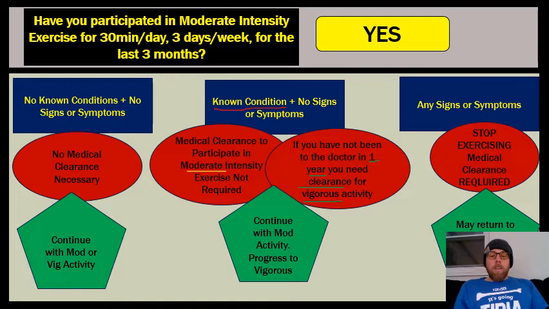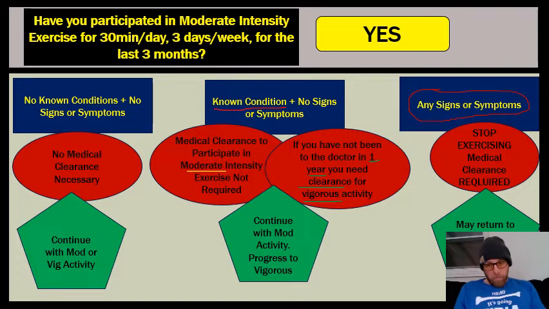Okay, so the last one here. Anyone who has been exercising and has any signs or symptoms that might suggest they have cardiovascular disease, chest discomfort, painful swelling in the limbs, that list on the last slide, any of those.